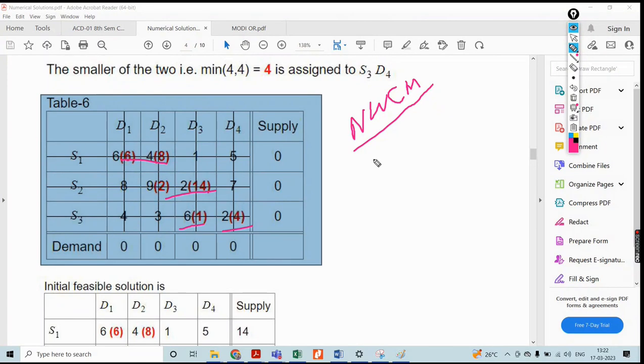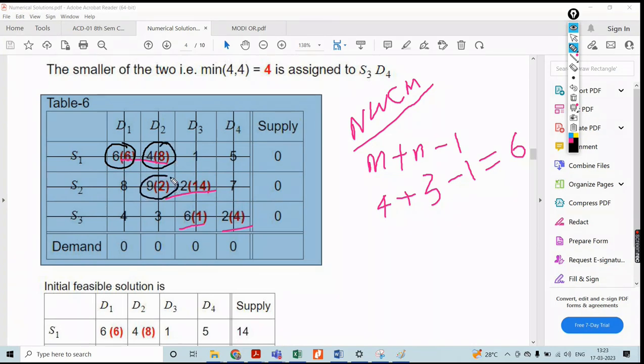Once you did this, you know already m plus n minus 1. Here, 4 plus 3 minus 1. How much is it? 6. Whether you have the 6 allocations or not, you have to identify. 1, 2, 3, 4, 5, and 6. 6 allocations are there.